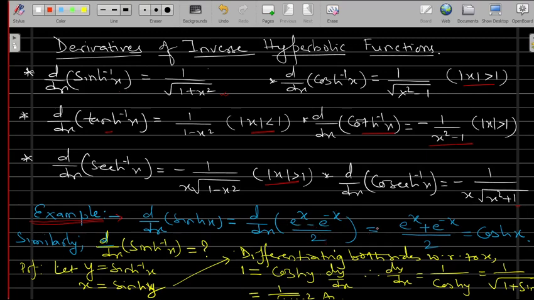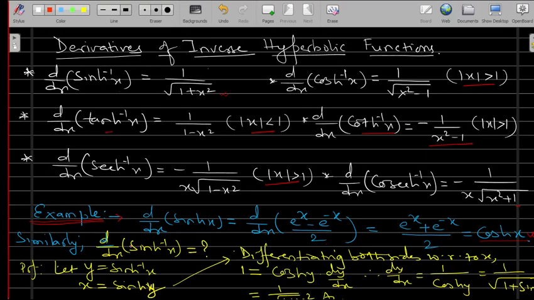Then differentiate this: e to the power x is e to the power x, and minus e to the power minus x gives minus e to the power minus x. That's why minus minus makes plus, over 2. Then (e to the power x plus e to the power minus x) by 2 is cosh x. So the derivative of sinh x is cosh x. You have to study this.